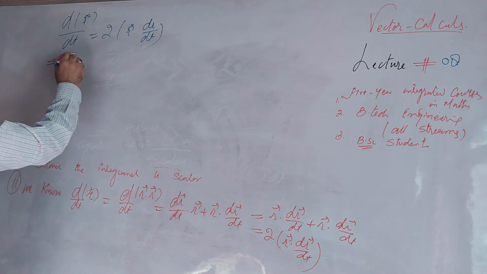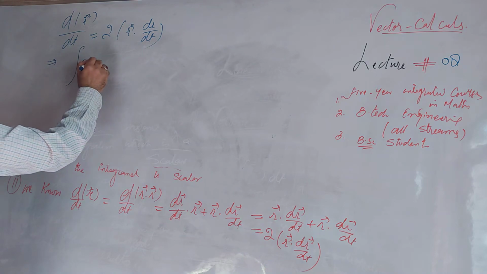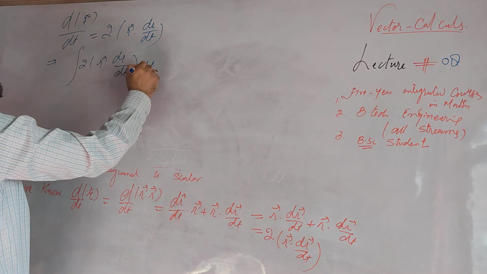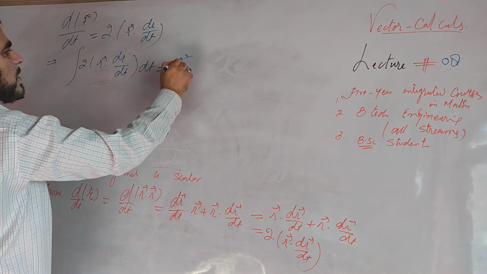Doesn't this imply that the integral of 2 r dot dr by dt with respect to t is r square plus c?